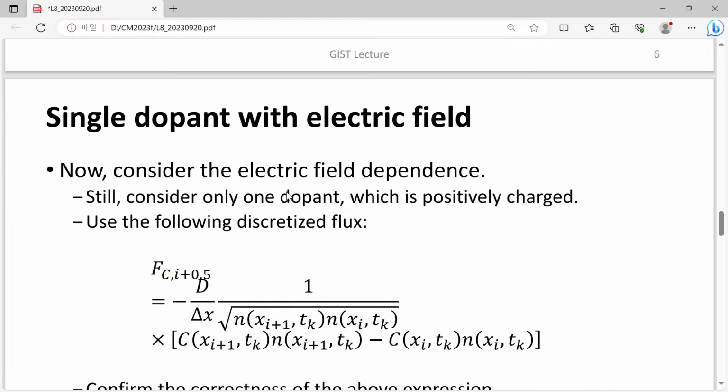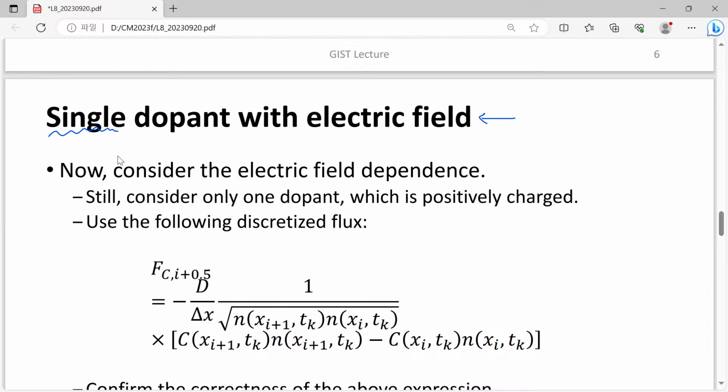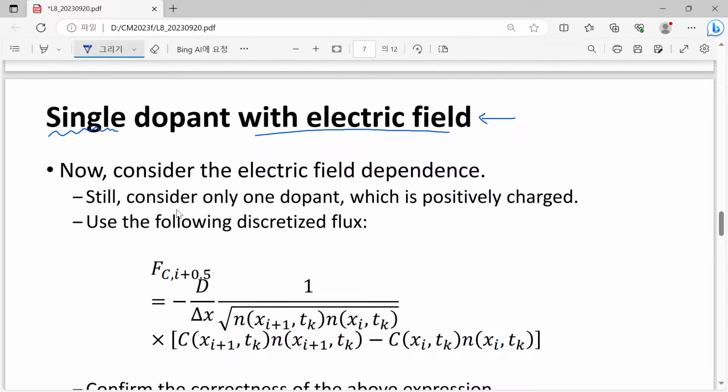Yes, we have considered dual dopant cases in our previous lecture, but this time we only consider a single dopant, a positively charged single dopant, so an n-type dopant, and now we just added the electric field. Please consider only one positively charged dopant, and electric field dependence is also added.